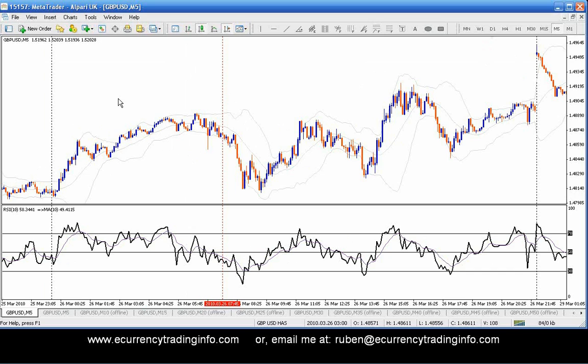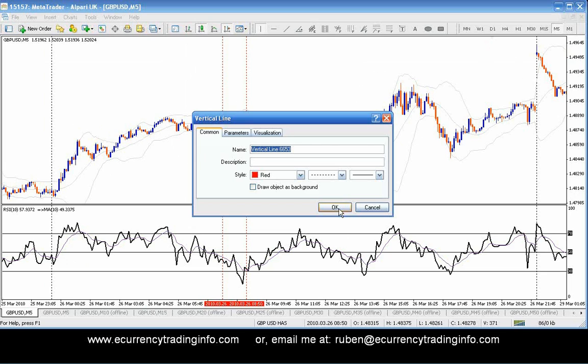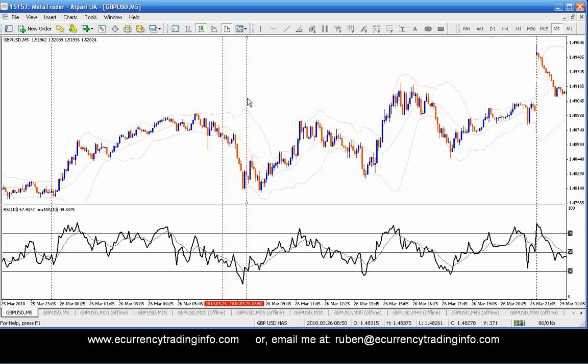We said that this here is the beginning of the Asian, and this here is the beginning of the European. An hour later is the beginning of the London. Right here at the end of this candle is the beginning of the London and the end of the Asian.